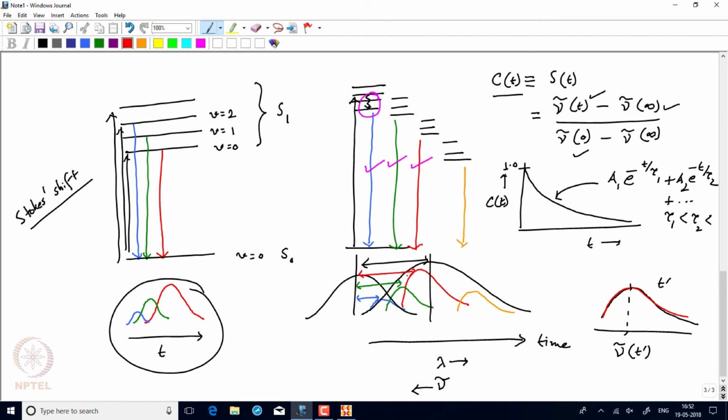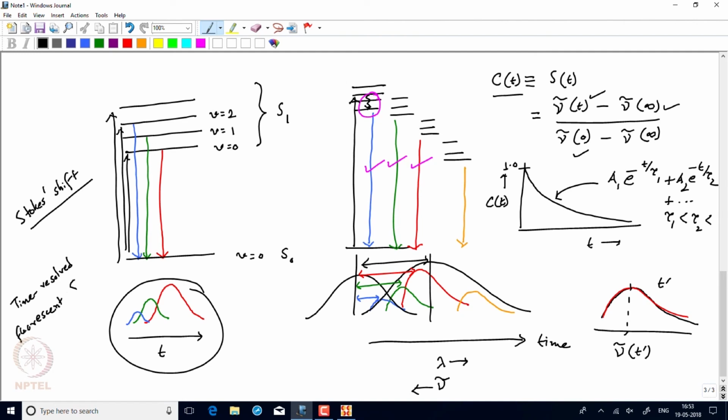So we are actually measuring the dynamic Stokes shift here, or sometimes it is known as time resolved fluorescence Stokes shift measurements, because it's not a Raman Stokes shift.